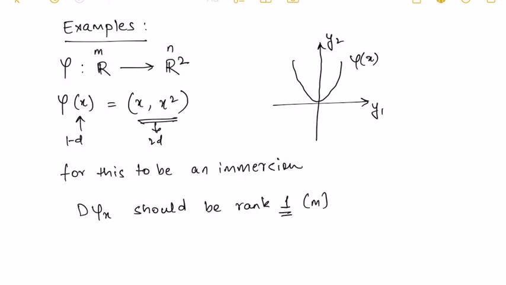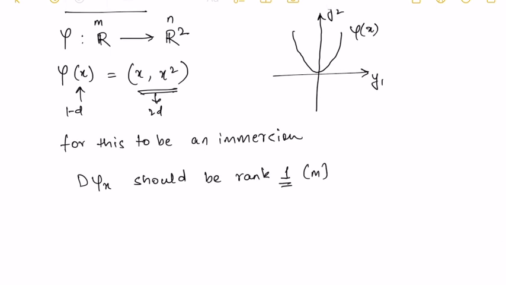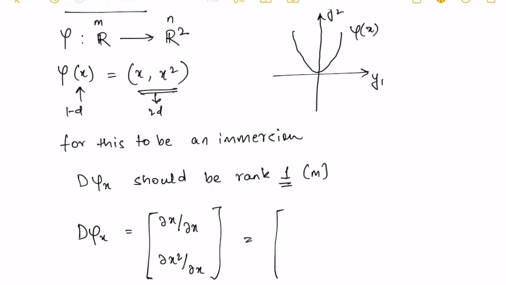So let's see what d psi x looks like. d psi x here would be the derivative of the first coordinate, which will be dx by dx, and the second one is d x squared by dx, right? And this will be (1, 2x).